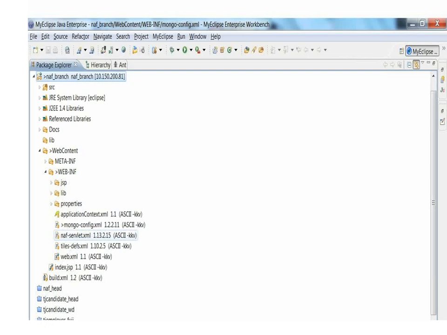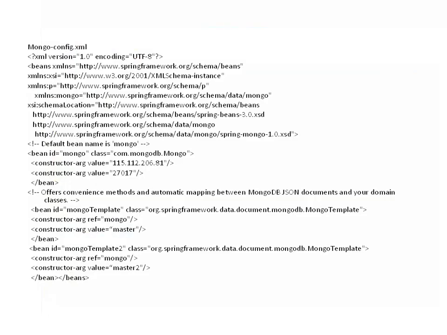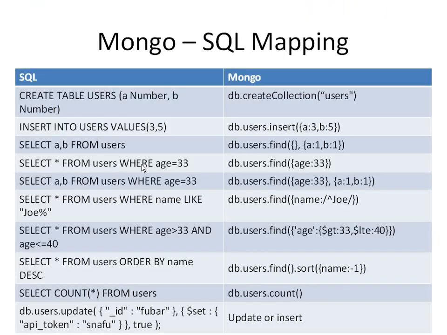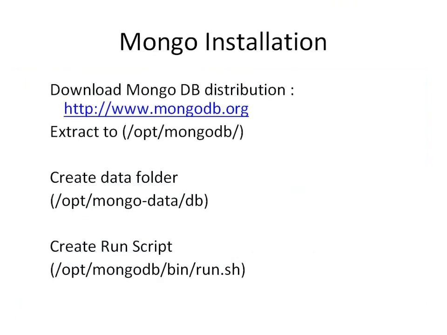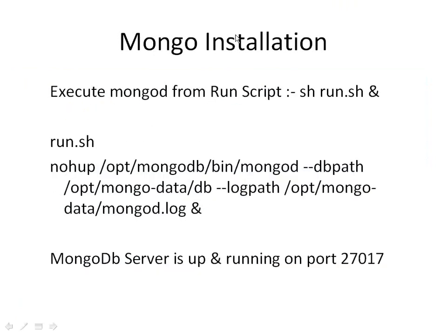So let's see how exactly Mongo config looks like. In my Mongo config, I make a bean in which I specify on which server my MongoDB is running. So you can see, when I executed a sh script, which is this script, after running this script, the Mongo daemon has started.